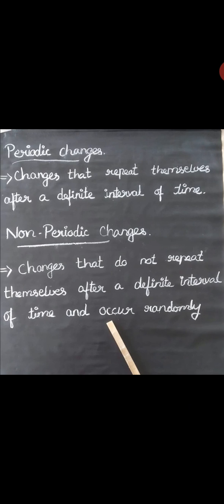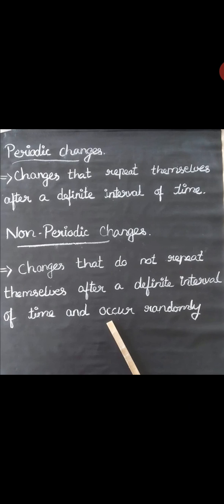If the cell works properly, it shows the time at definite intervals, accurately. Likewise, rotation and revolution of the earth, beating of the heart, a clock striking every hour, and the motion of the second hand, minute hand and hour hand are examples of periodic changes.